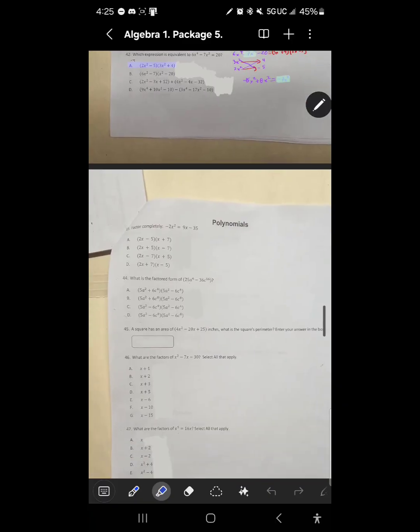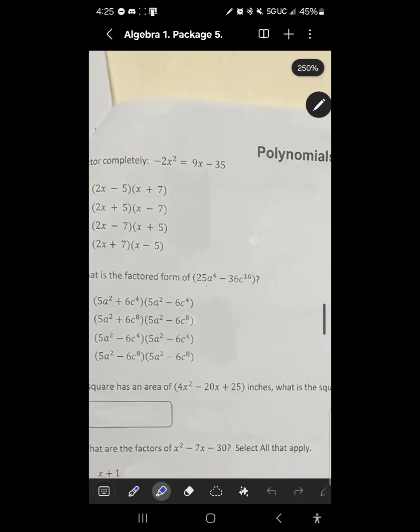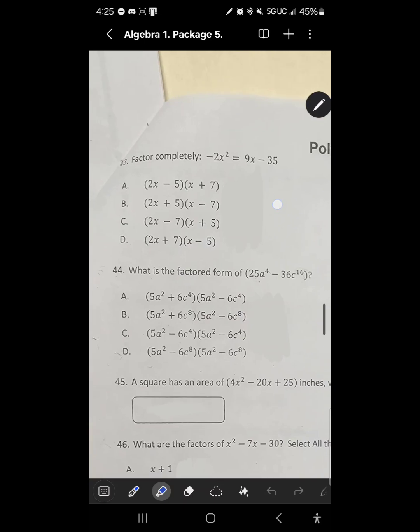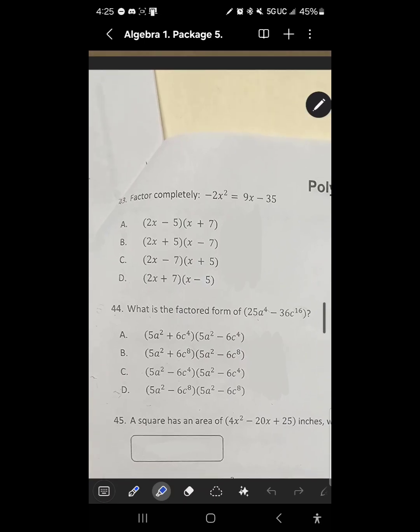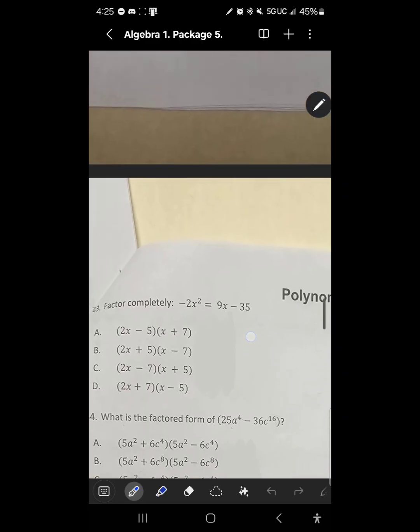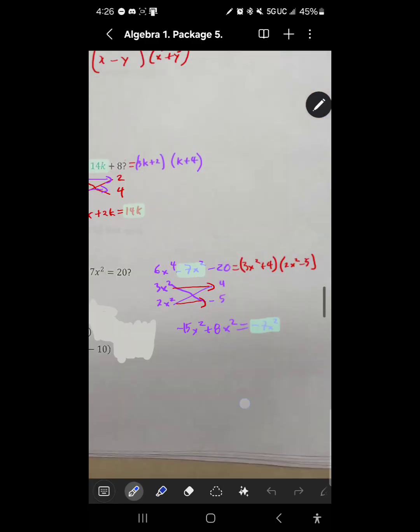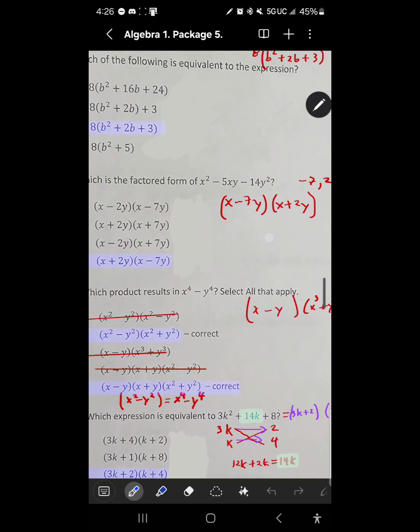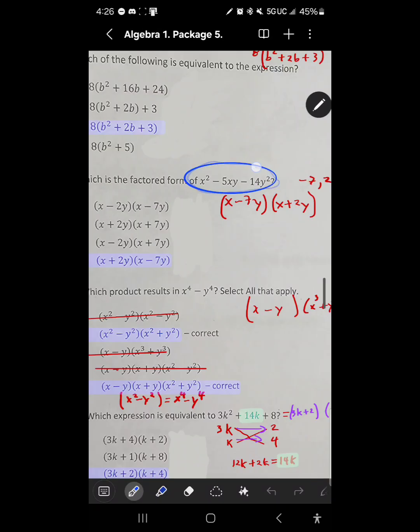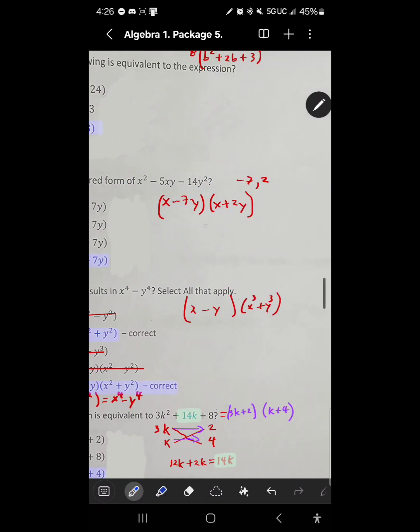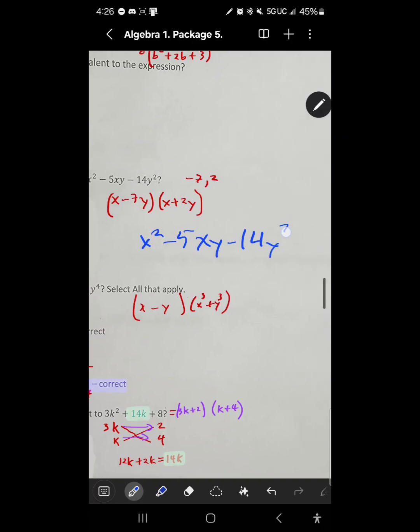And today we're going to continue with our topic, factoring. So let's look at this. Here, factor completely. Okay, we have the different options. Now you remember that to factor, we needed the equation equal to 0, or equal to nothing, which is the same as 0.